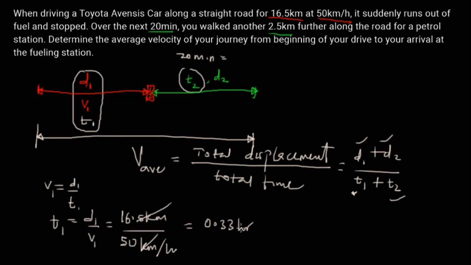If we convert it to hours, then everything will be in kilometer per hour. Now let's convert 20 minutes to hour. That's 20 divided by 60, which is also 0.33 hour.